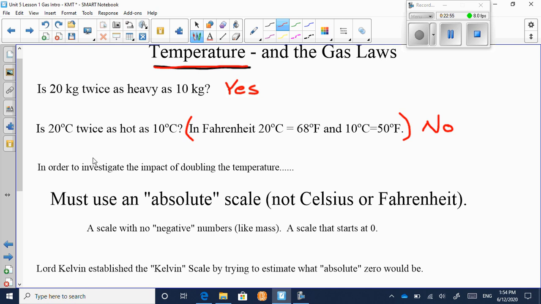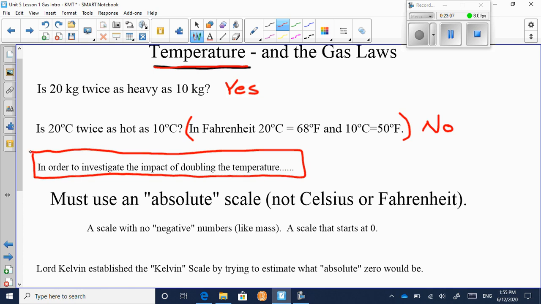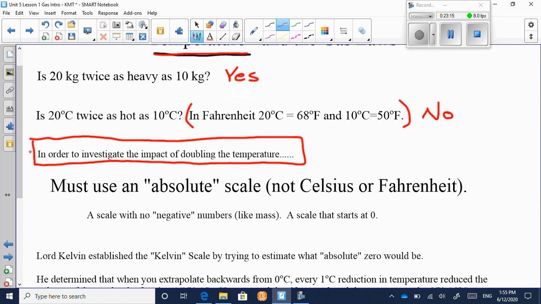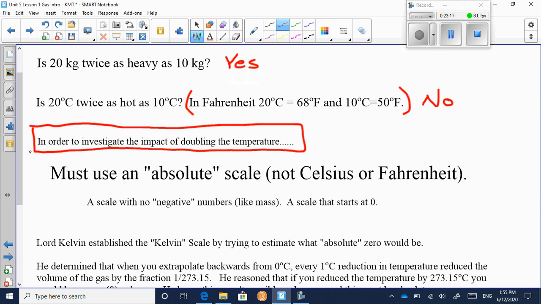The reason is that we need a scale that has 0 as its absolute minimum. And obviously with the Fahrenheit scale and the Celsius scale, you can have negative numbers. But in a minute, we're going to start investigating what is the impact of doubling temperature. Well, in order to do that, we need a temperature scale that starts at 0. We can't have negative numbers.